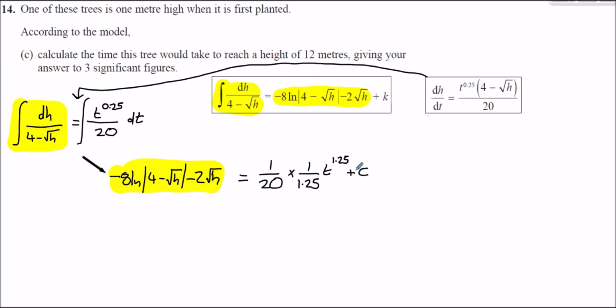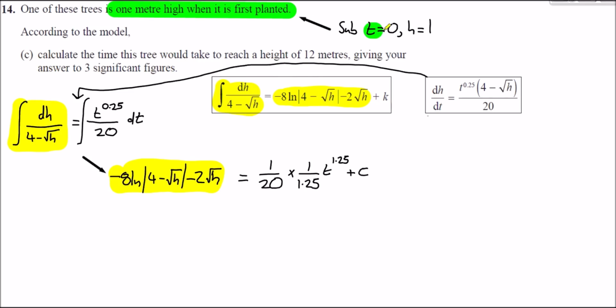But now what we can do is actually work out what this constant of integration is. We're told one of these trees was 1 meter high when it was first planted. So from this, this is essentially telling us, without telling us, to sub in the value that when time is 0, the height is 1.